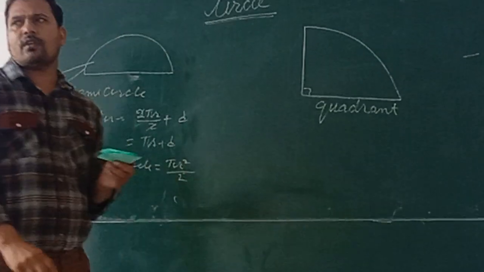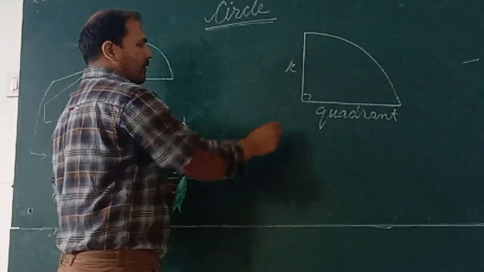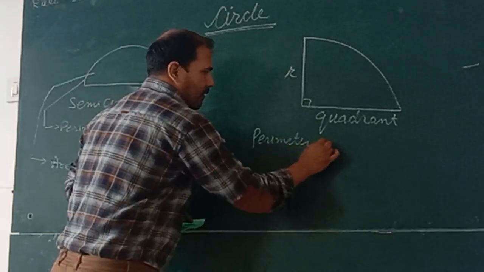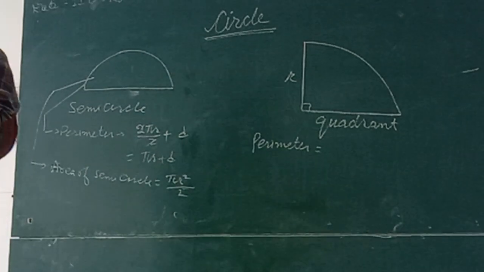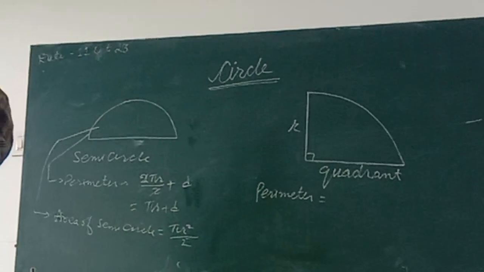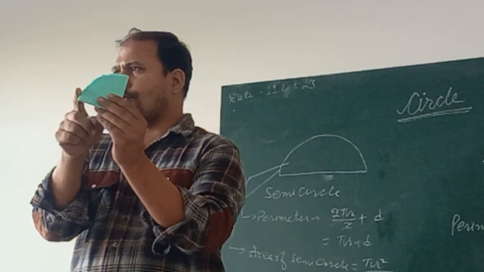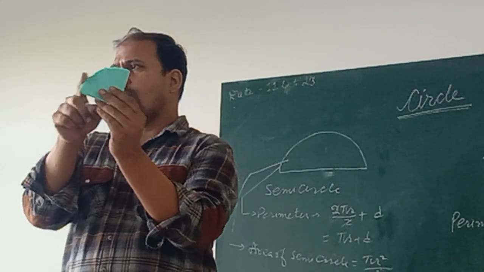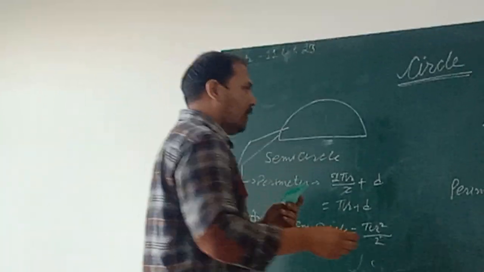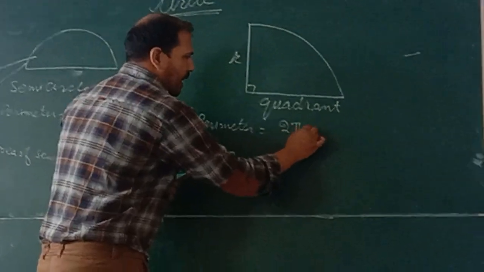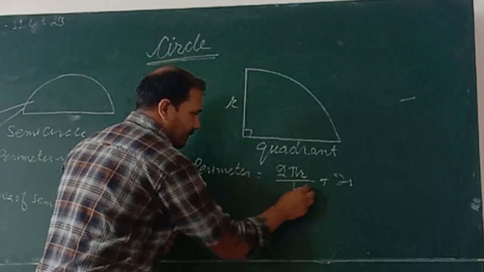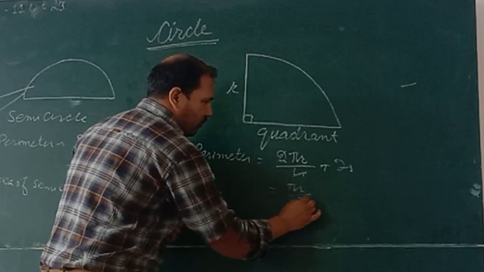Listen. The curve is the fourth part of the whole circumference, which means 2 pi r upon 4, plus the two radii: 2r. So 2 pi r upon 4 plus 2r, which simplifies to pi r upon 2 plus 2r.